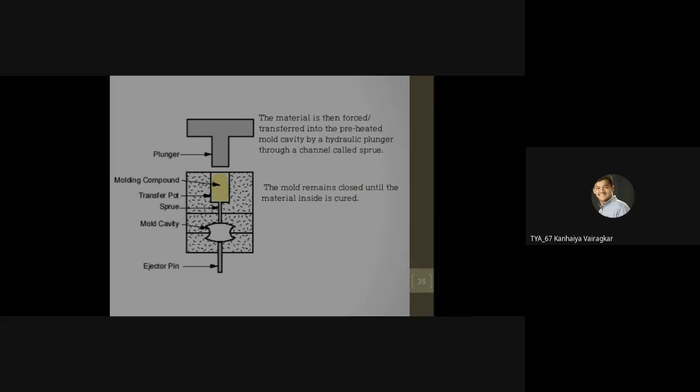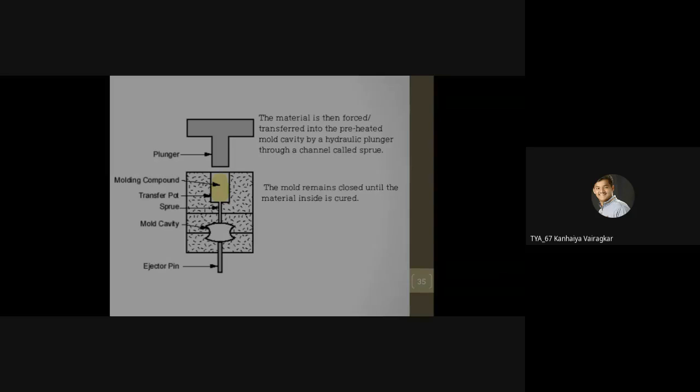At the start, instead of putting the material directly into the mold cavity, the material is kept in the transfer pot. Sometimes it is a preheated material, or you can heat that material in the transfer pot also. Heating doesn't require any complicated mechanism. A simple induction coil can also heat the material.